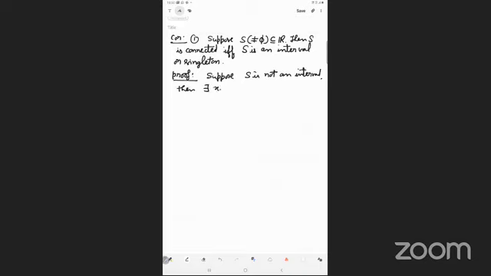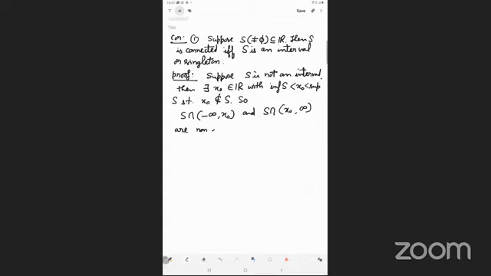Then there exists x naught belonging to R with x naught greater than the infimum of S and less than the supremum of S, such that x naught does not belong to S. So S intersection this one and S intersection this one are non-empty.